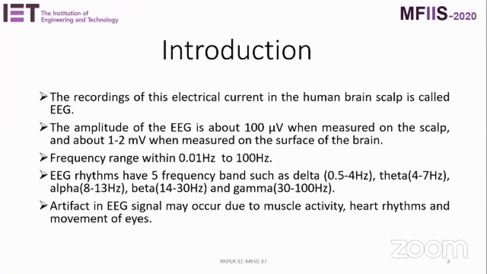The external sources of artifact are like lead movement or power line interference. The internal artifacts, otherwise known as physiological artifacts, occur due to muscle activity, heart rhythms and movement of eyes.